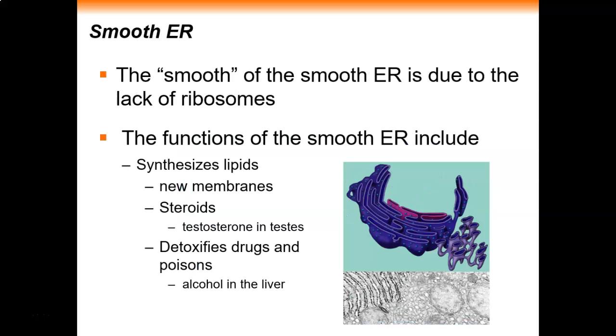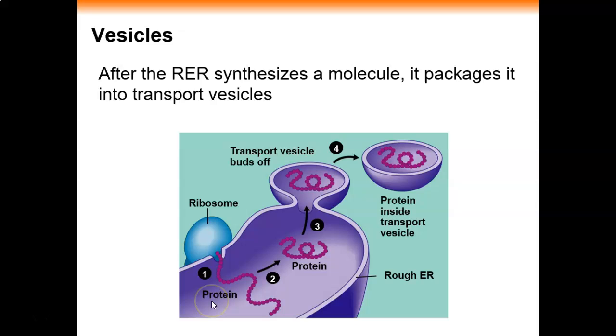The smooth ER, of course, is smooth because it does not have ribosomes, so it is not making proteins, but it's really focusing on all those lipids. So it's making new phospholipids, so new membranes, and steroids. There are also some detoxifying effects where it's breaking down different molecules.